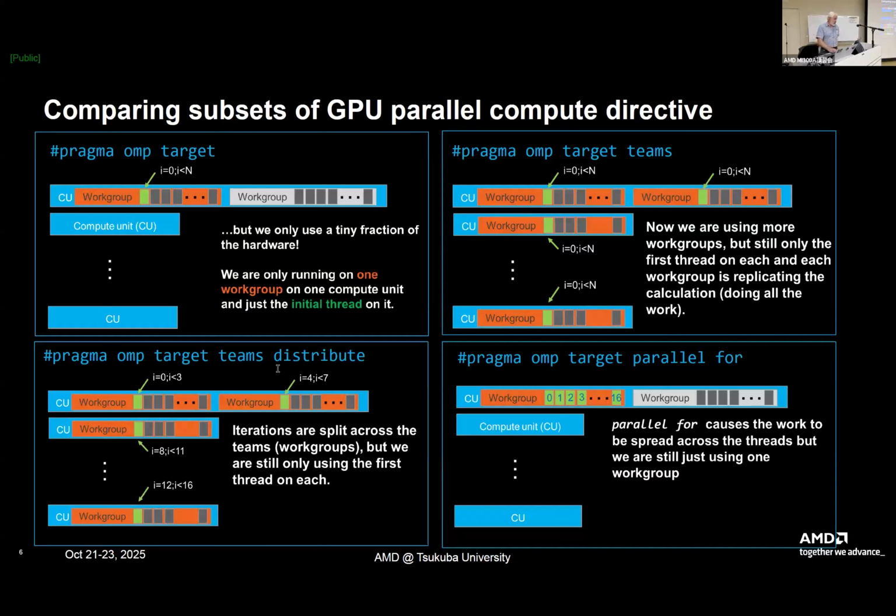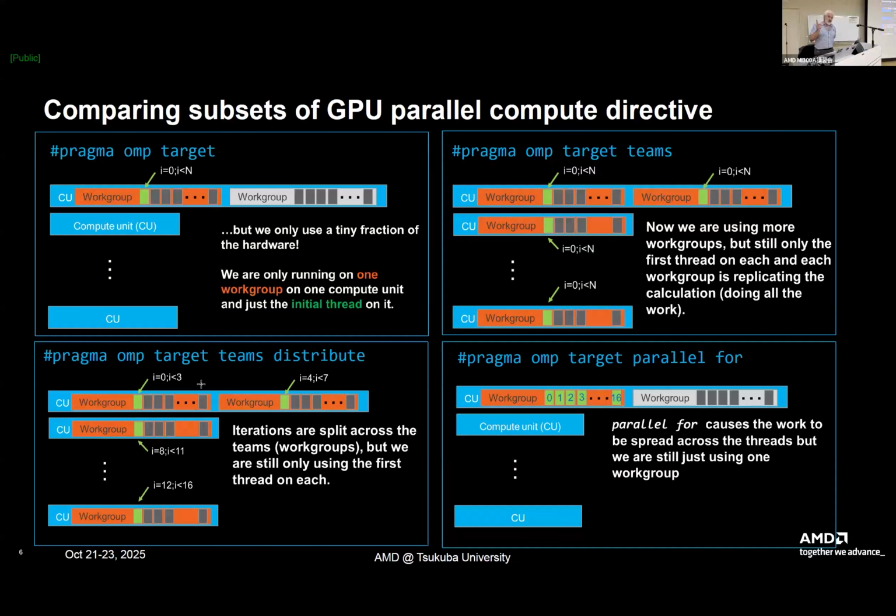Distribute now, in the lower left, now you see that the loop is broken up. And the first work group is doing 0 to 3, the second work group 4 to 7, and on through the work groups until we get to all the work being done.